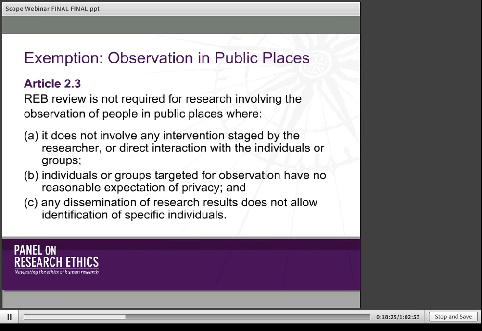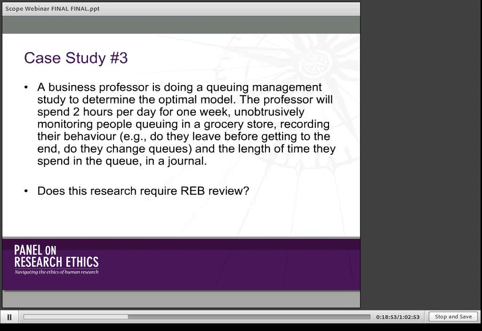There must be no interaction or intervention by the researcher, and no expectation of privacy by the participants, and participants cannot be identified by the dissemination of results. And dissemination here can mean through publications, photographs, audio recordings, or video footage. Okay, so let's look at an example.